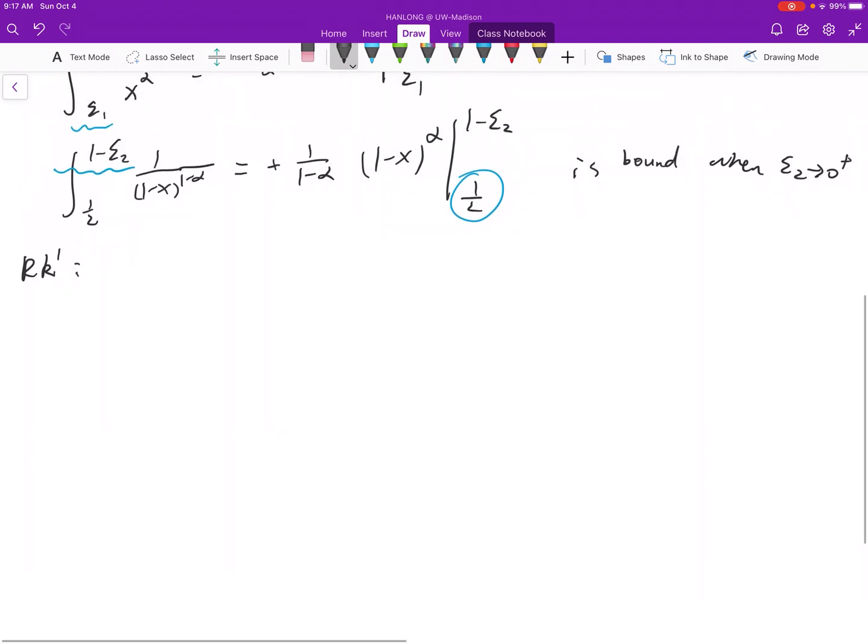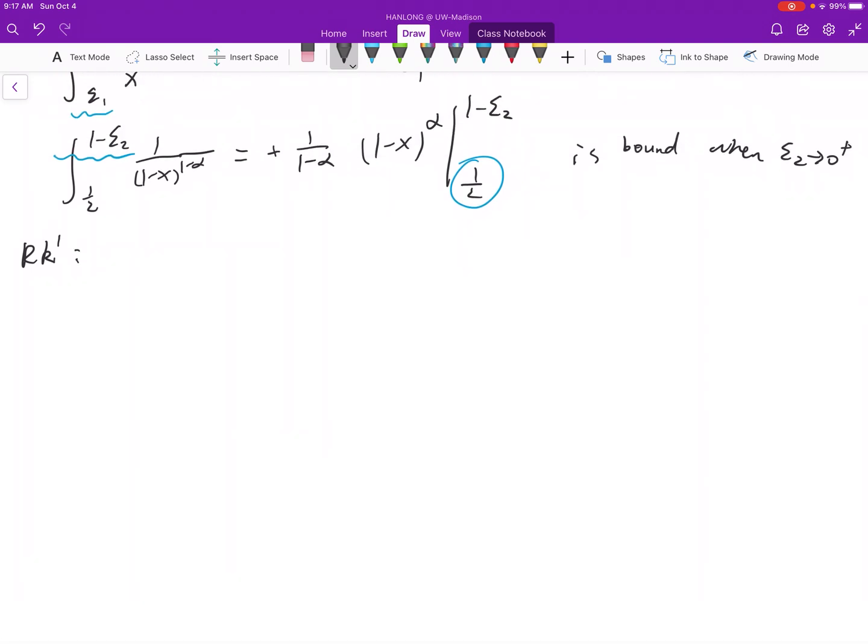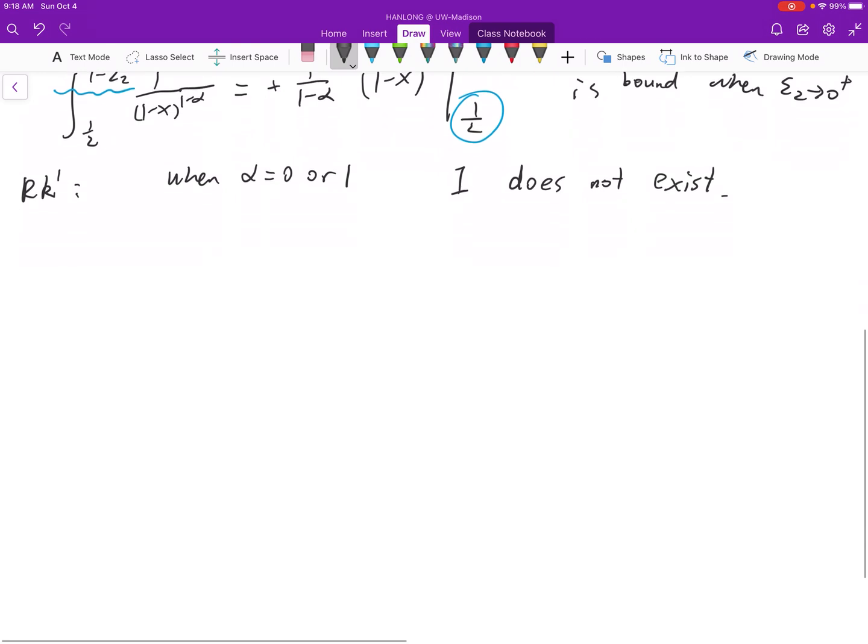And immediately, by the same argument, we will see that when alpha equals 0 or 1, the integral does not exist. It goes to infinity.